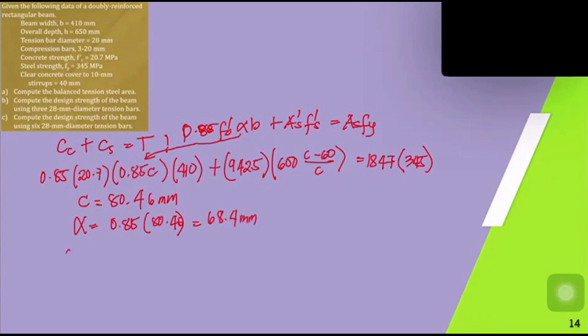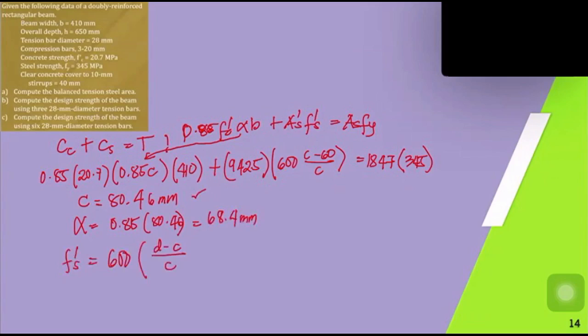Then you can compute fs prime, which equals 600. Since our c is greater than the earlier 40 plus 10 plus 10, it is lower than that, meaning we go back to the formula: 600 times c minus d prime over c.